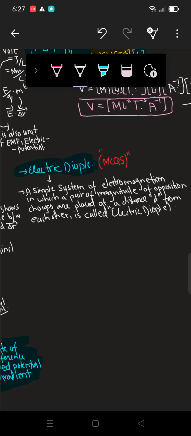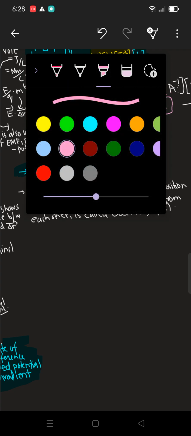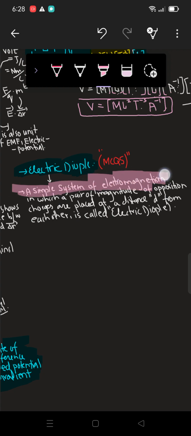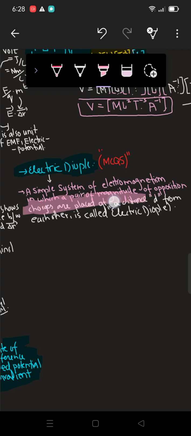Now let me make you understand the definition first, then we're going to go towards our diagram. So it is a simple system of electromagnetism in which a pair of opposite charges, which means in this system we will be having two charges and those charges will be opposite, which means one charge will be positive and another will be negative, and they will be placed at a distance from each other.